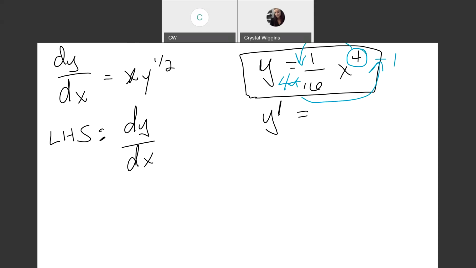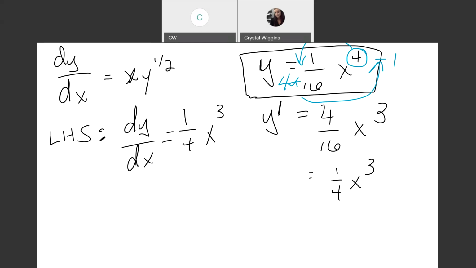So that gives us 4/16 x cubed. Reduce 4/16, we get 1/4 x cubed as the derivative of our potential solution. So we're saying that dy dx is equal to 1/4 times x to the 3rd power.